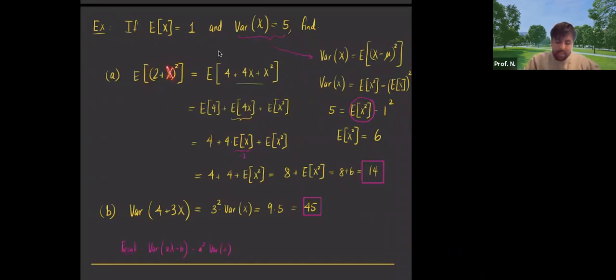So again, this x is a random variable. That's the nature of the game now. We're dealing with random variables and functions of those random variables. And now we have expected value and variance as two new functions themselves that help us understand the random variable a bit more.